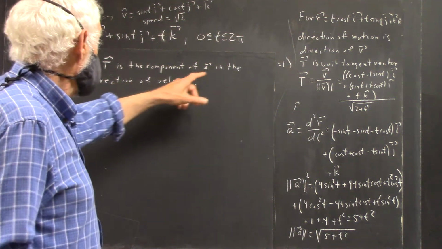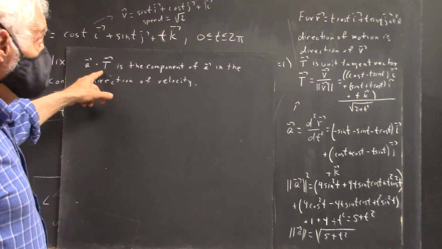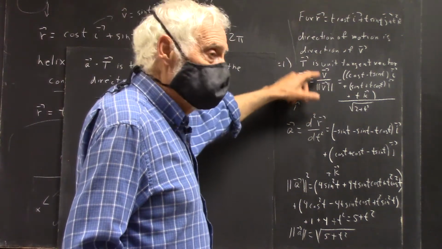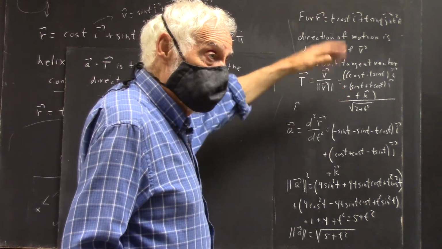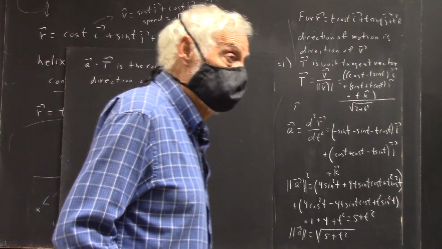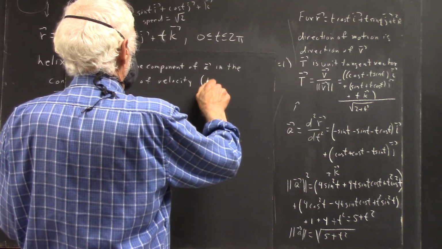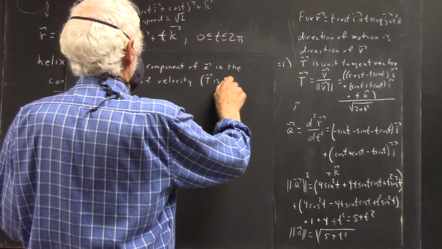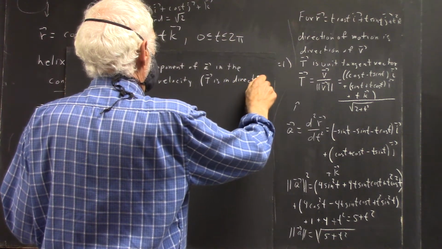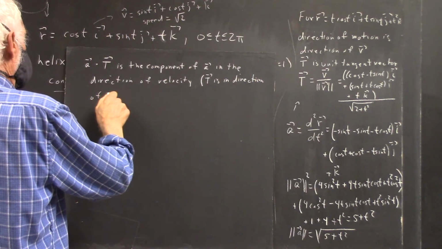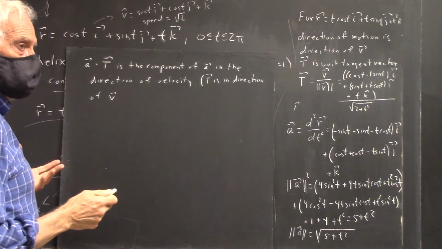Now, why do I say that's a component of A in the direction of velocity? Well, t is in the direction of velocity because it's just a scalar multiple, 1 over square root of 2 plus t squared, times your velocity vector. Okay, t is in the direction of v.